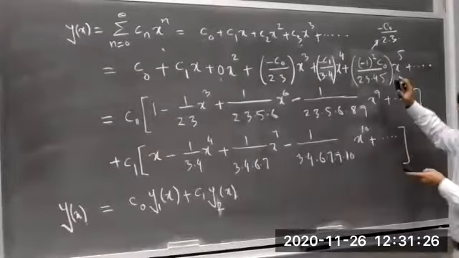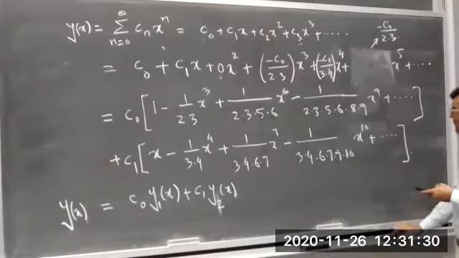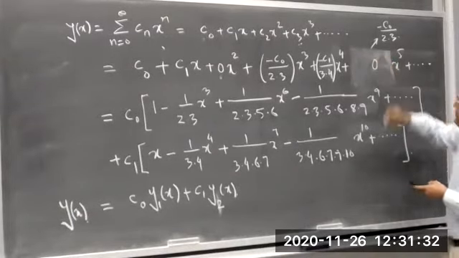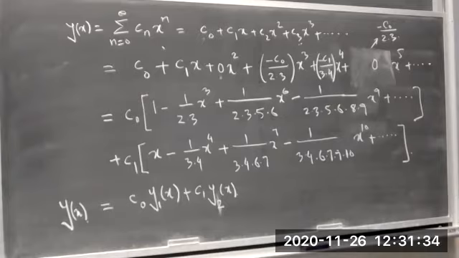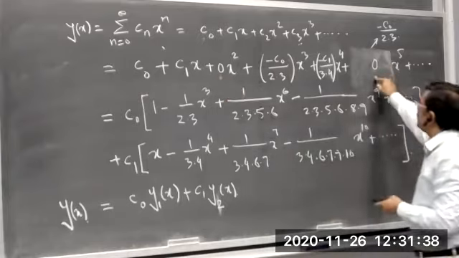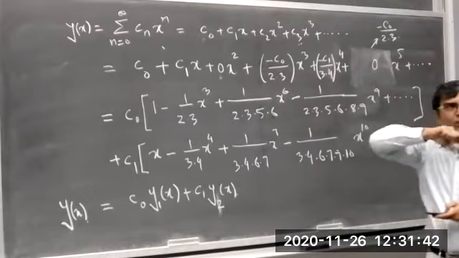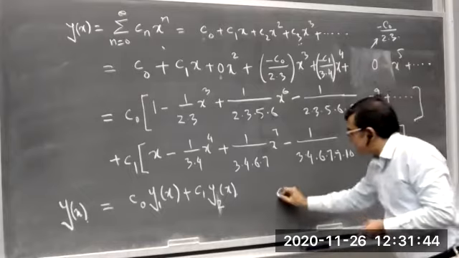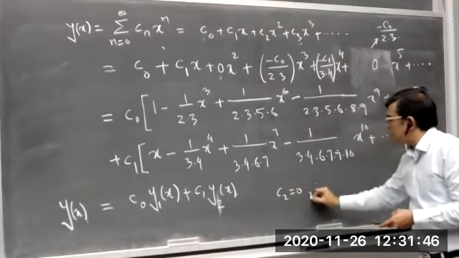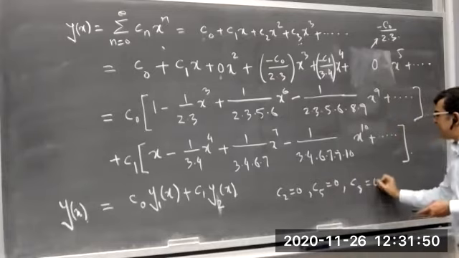Now you see, the coefficient of C2 is 0, the coefficient of C5 is 0, then I think the coefficient of C8 will be 0. So if C2 is 0 and C5 is 0, then C8 will be 0.